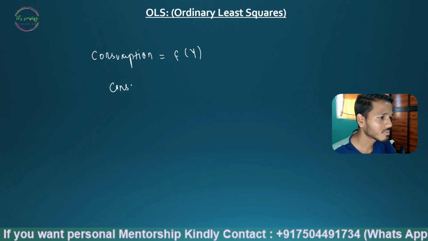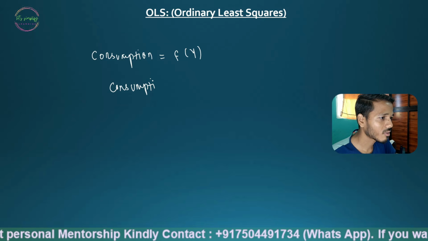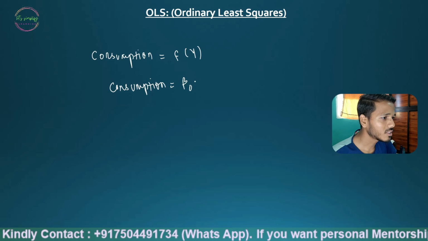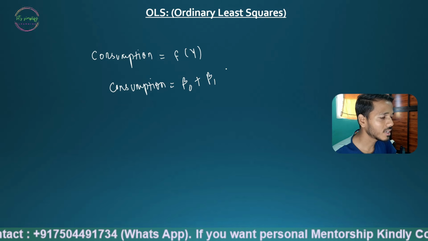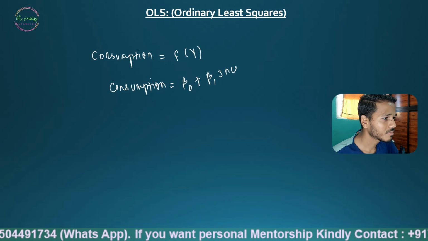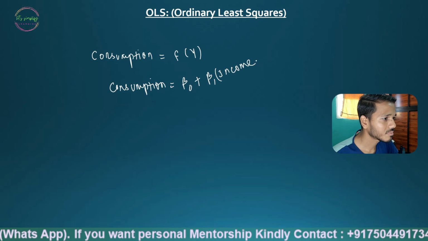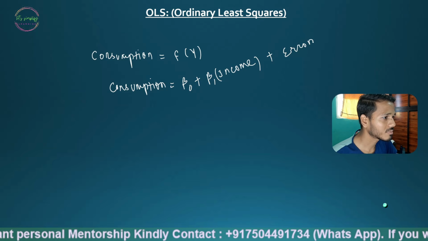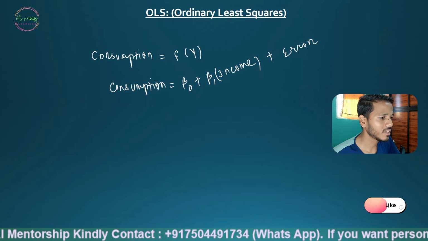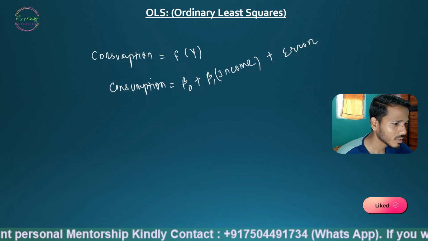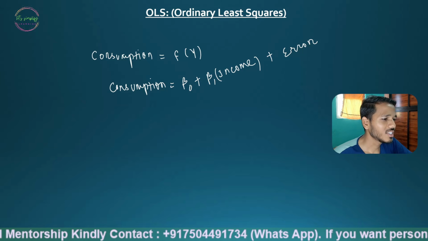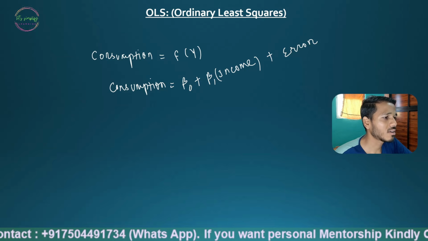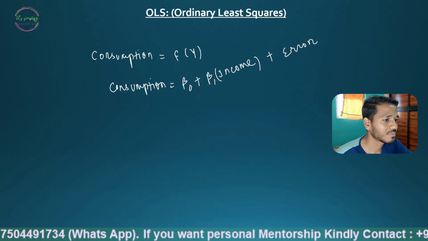Consumption is equal to beta 0 plus beta 1 income plus some error. Now the question is, how do we find the best line that fits the data?